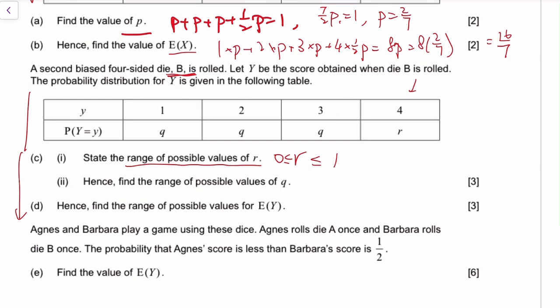Because next we want to find the possible value of Q. Well, then again, no probability can be less than 0 anyway, and I think it could be equal to 0. And then we know 3Q plus R has to be less than or equal to 1 because total probabilities, or actually if you add R as well, then it's equal to 1. But since R could potentially take a value of 0, 3Q has to be less than or equal to 1, so Q is less than or equal to a third.